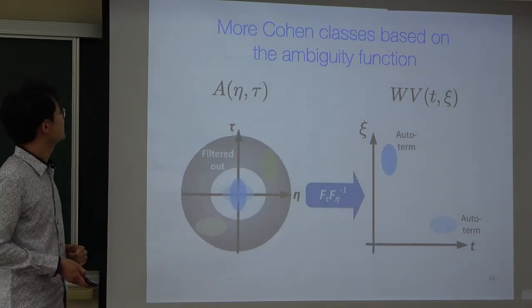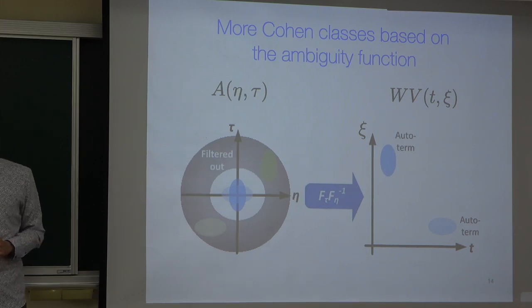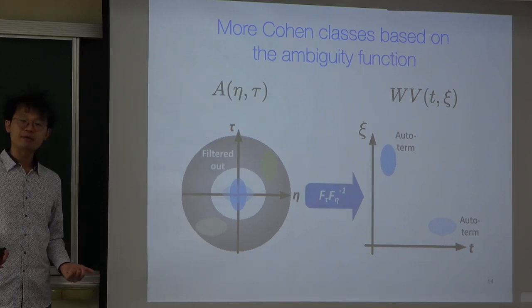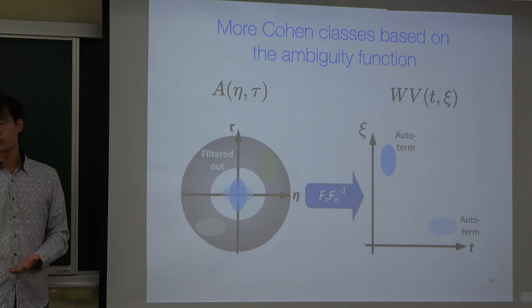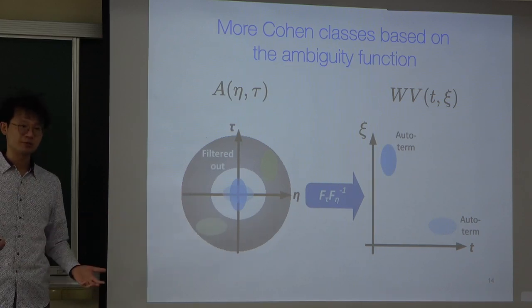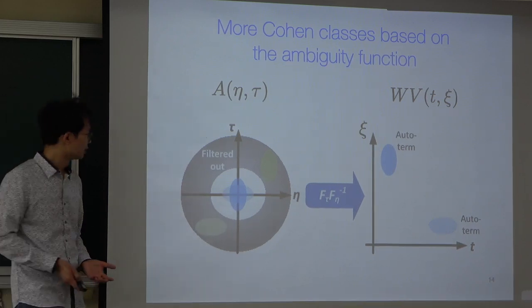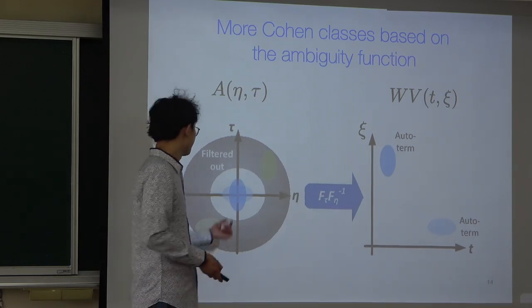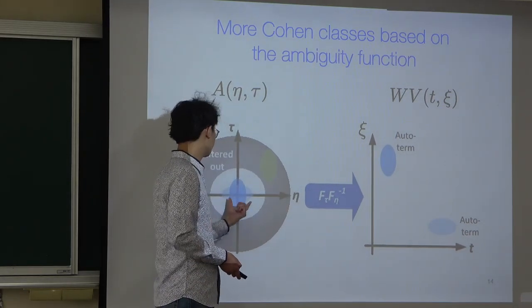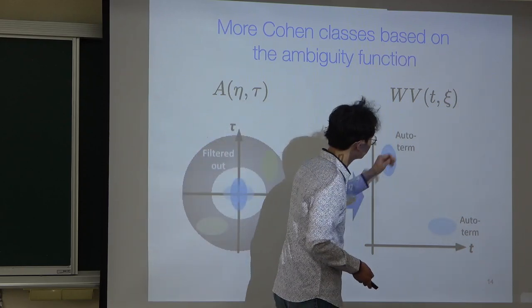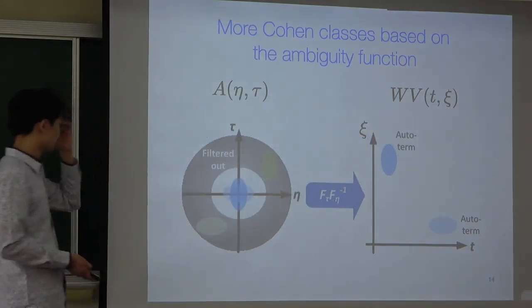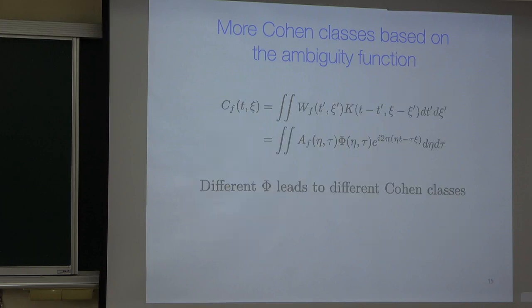And we can also consider the Cohen class based on the ambiguity function. You remember what the ambiguity function is, right? The ambiguity function is nothing but the Fourier transform of the Wigner-Ville distribution. And it has some basic properties relating the interference, the auto terms, and the cross terms. They are related in this way.